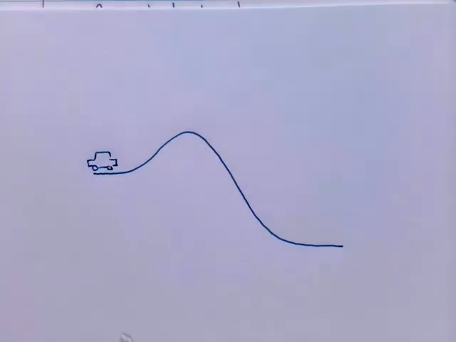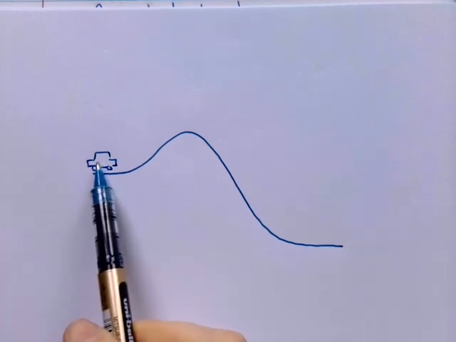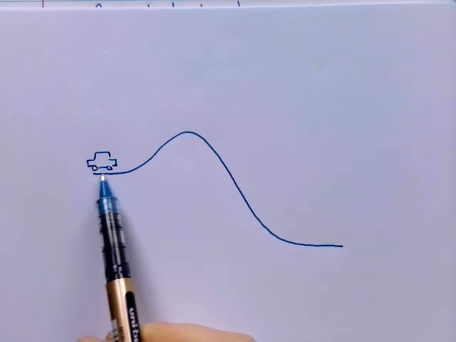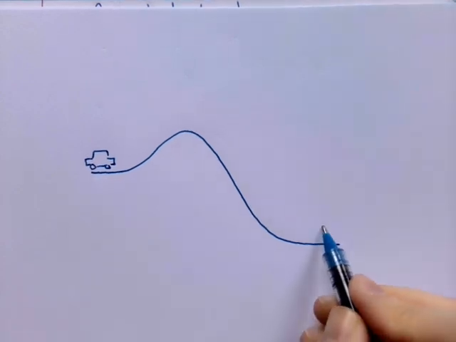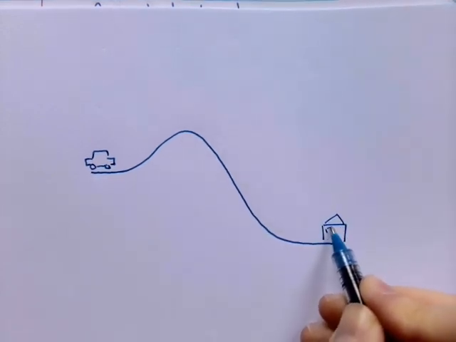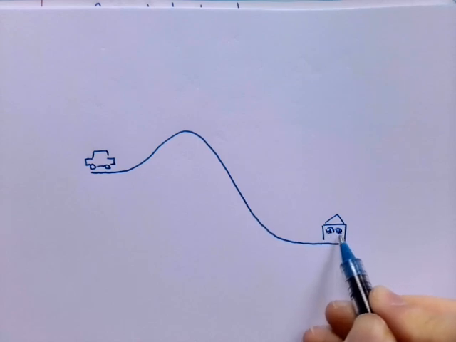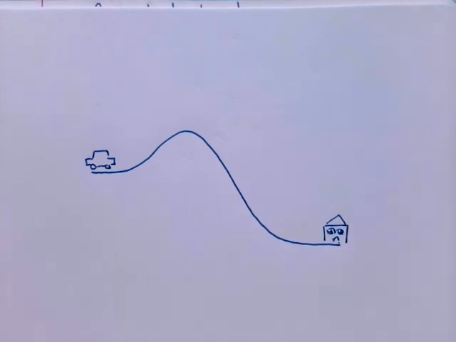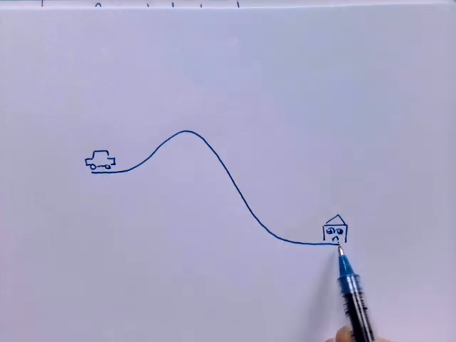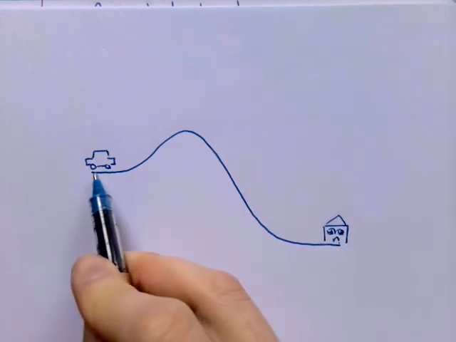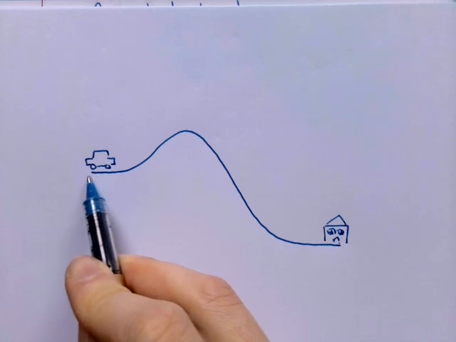Okay, so we can think of it like this. Imagine that you are in a car, and you are up here, quite high up, and you want to get home down here. When you are at home, you're going to be lower down than where you are at the moment.